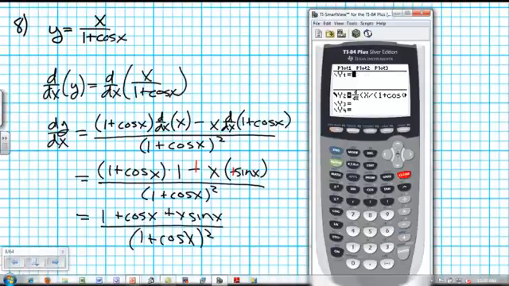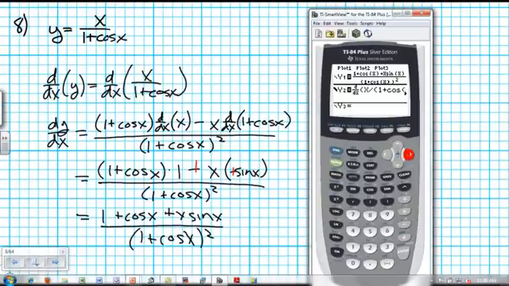I'm going to redo this, and I'm going to use the new technology. I'm going to write this function using the fraction form. This is my derivative function, so I'll put 1 plus cosine of x plus x sine of x. That should make it a little bit more readable, and that's all over quantity 1 plus cosine of x quantity squared.